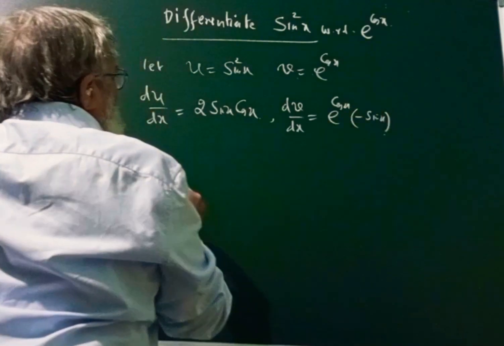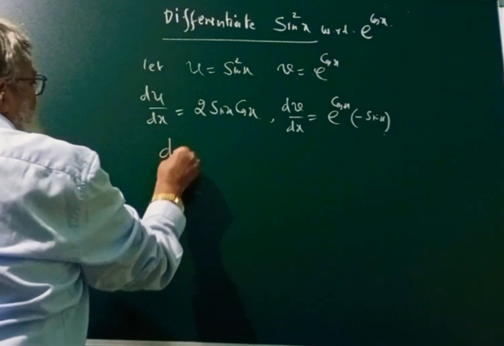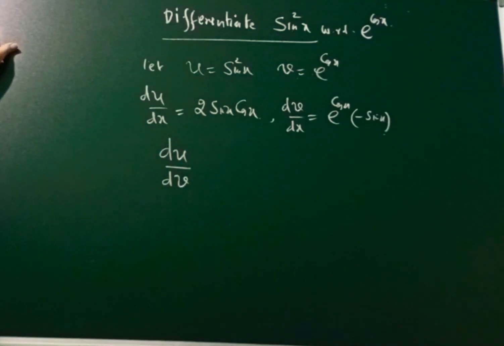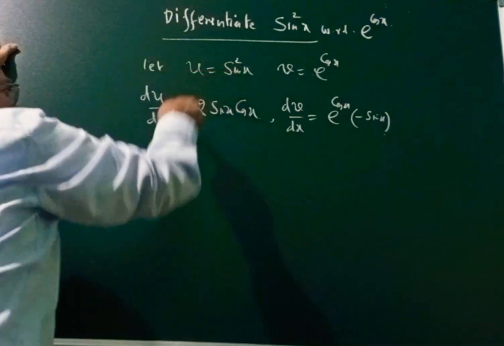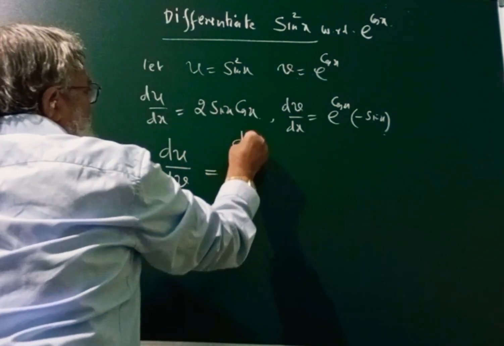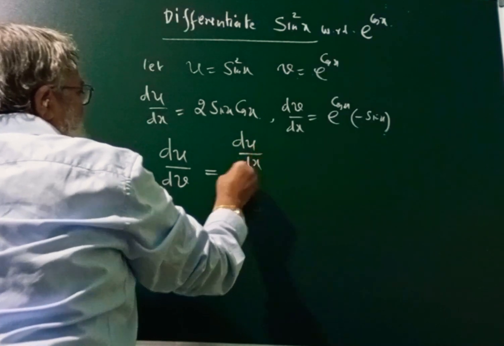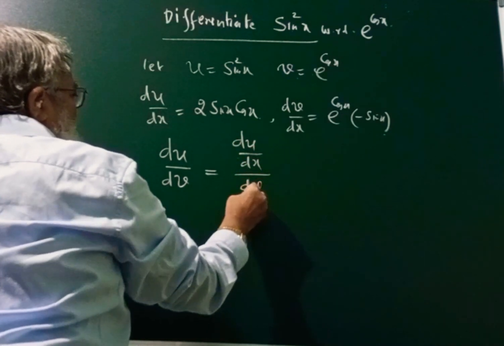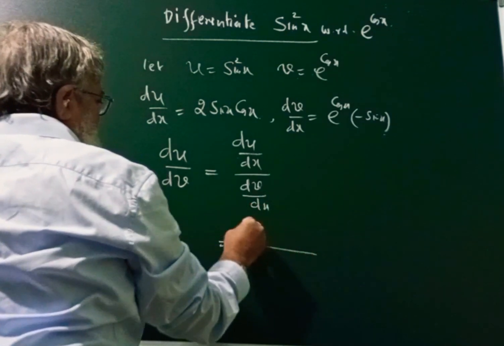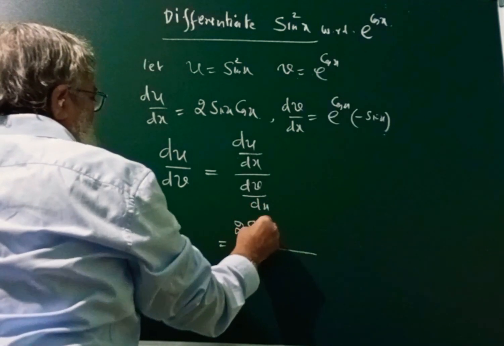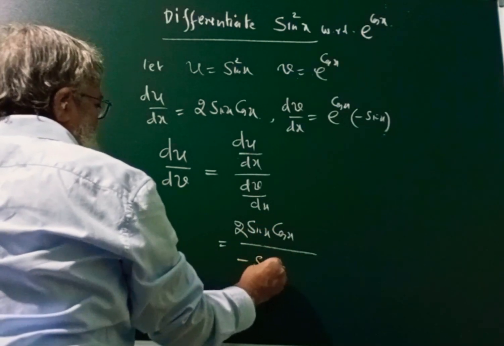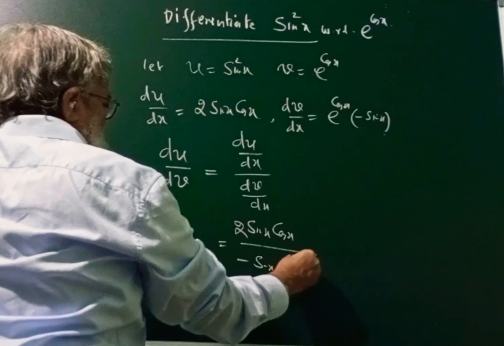Now we are required to find the differentiation of u with respect to v, du by dv, that is differentiation of sine square x with respect to e raised to cos x. By the formula we can write du by dx divided by dv by dx, that is 2 sine x into cos x divided by minus sine x into e raised to cos x.